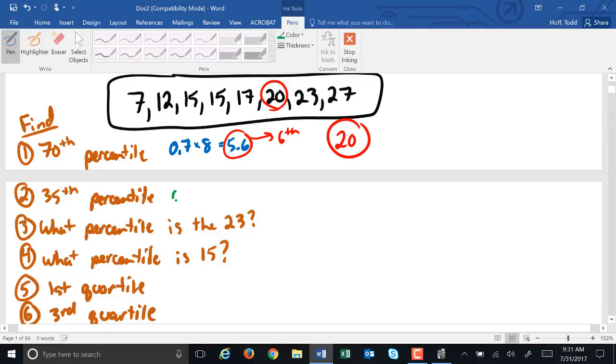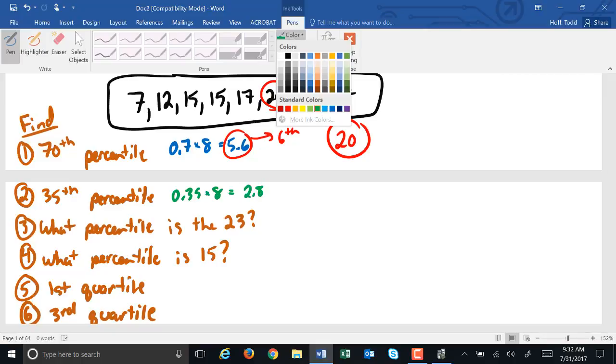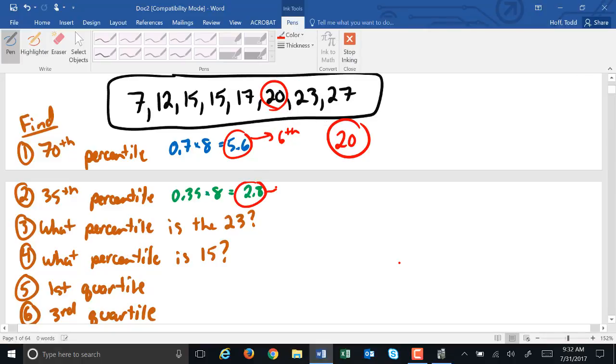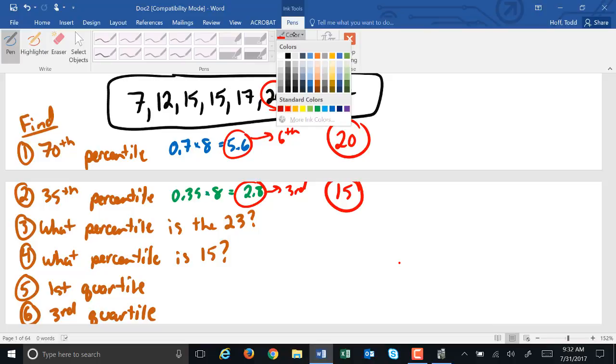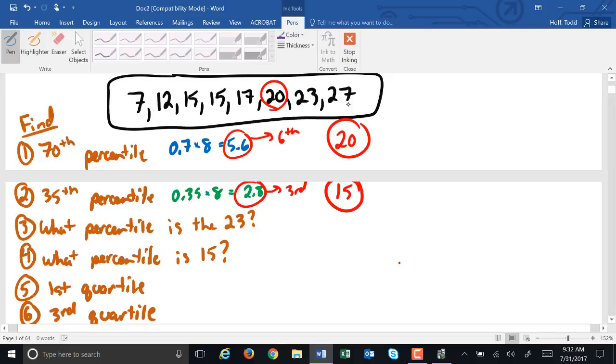For the 35th percentile, 0.35 times 8 is 2.8, which is going to round up to the 3rd spot. So 15 is the 35th percentile. I'm going to stop there. Any questions on those first two, finding those percentiles?